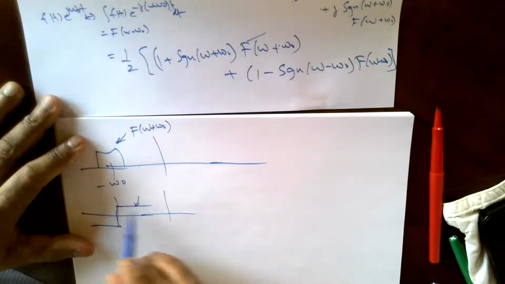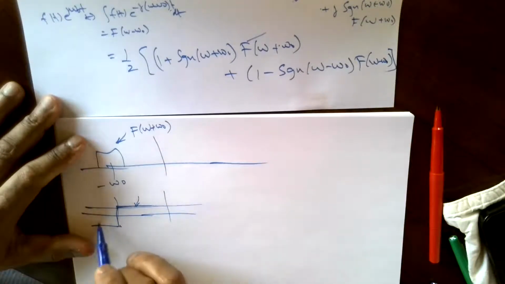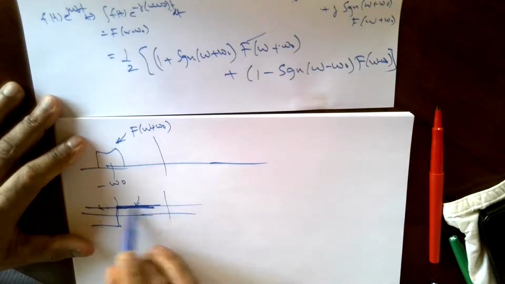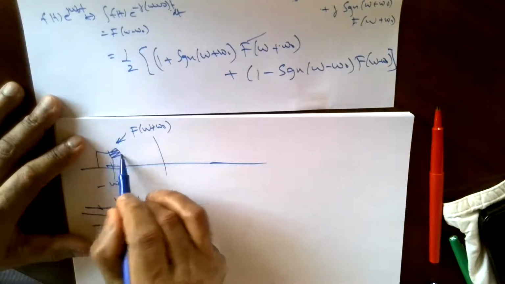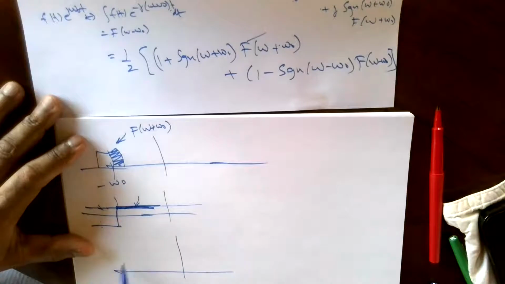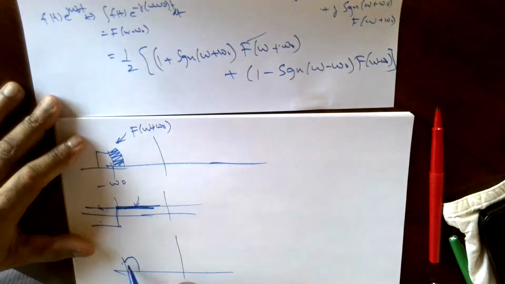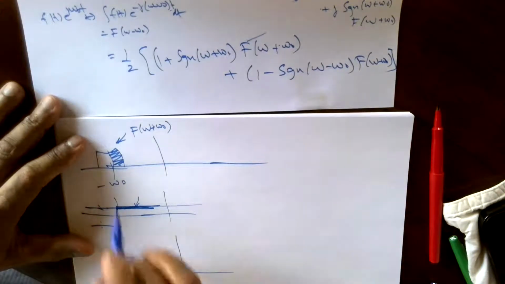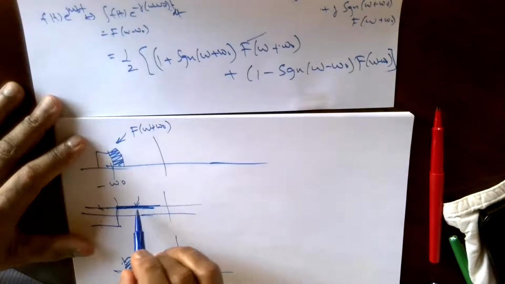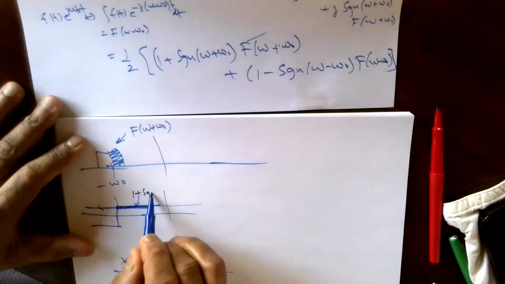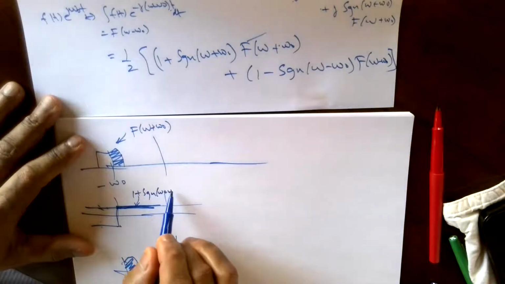That's sine. If you add 1 to that, what is that? This will cancel and you'll only pick up this, which means you pick up this region. This region is gone. So this is 1 plus sine (omega plus omega 0).